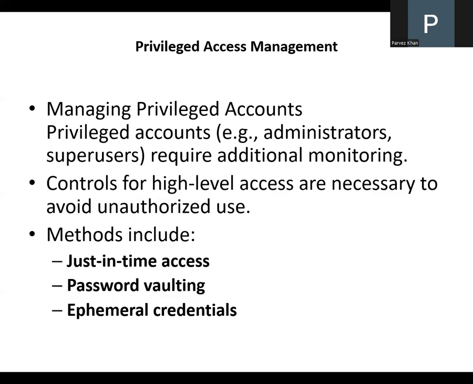Then privileged account management. Privileged account access management is something like the previous slides where we discussed user access, where the resources are required based on business need. And this is something privileged. This is something high-level access.